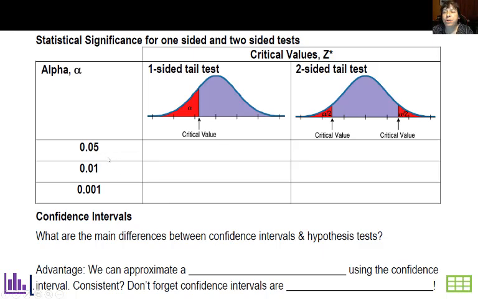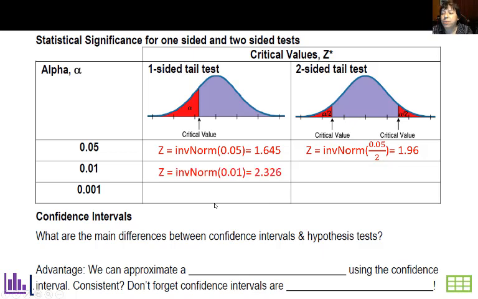So if my alpha is 0.05, for a one-sided test, my z value is 1.645, which is the cutoff where I decide. If it's a two-sided test, it's actually 1.96. This may look a little familiar from when we were calculating critical values for confidence intervals.